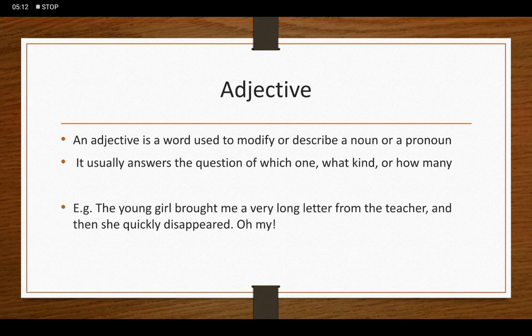Words like small, blue, sharp are descriptive words and they are all examples of adjectives. They also answer the questions which one, what kind, or how many. Since adjectives are used to identify or quantify individual people and unique things, they are usually positioned before the noun or pronoun that they modify. Some sentences might contain multiple adjectives.